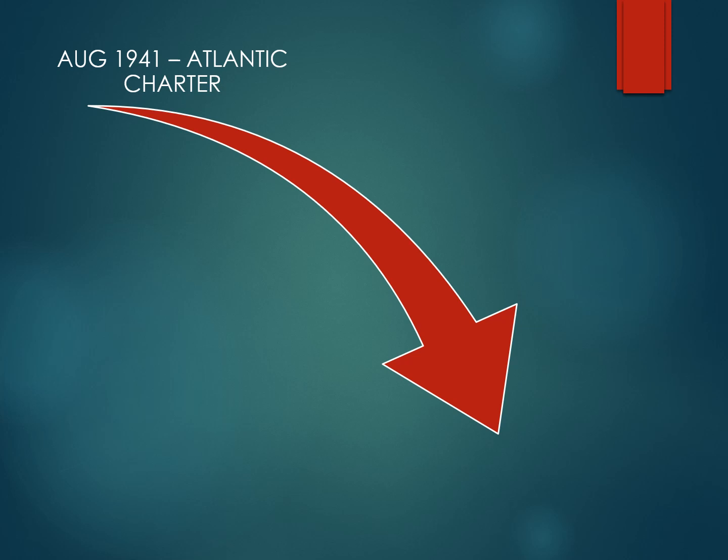But soon, all the other countries that were part of the alliance against the Axis powers signed on to this Atlantic Charter. And that alliance of countries fighting against the Axis powers became known as the United Nations Alliance.